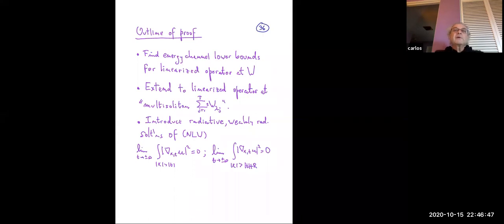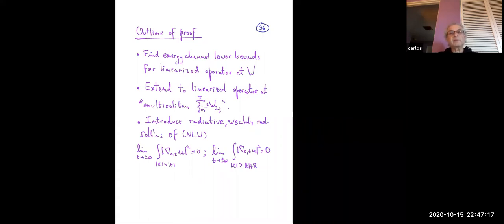So in the first step, we have to derive these energy lower bounds, not for solutions of the linear wave equation, but for solutions of the linearized wave equation at the static solution W. So that's the first step, and that's essentially one of the papers.